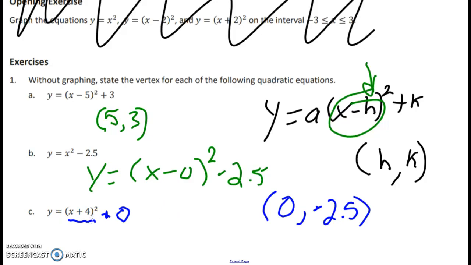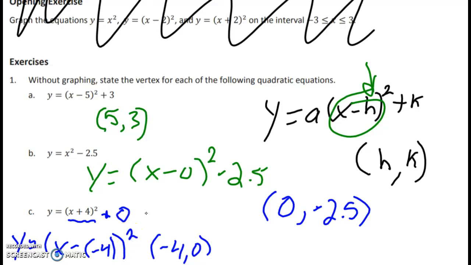So the way that changed from x minus h would have to mean that that h value would be negative. So I'd have a vertex of negative 4, 0. So what's really happening in this one, inside that parentheses, is x minus negative 4 squared. And that gets me the x plus 4.